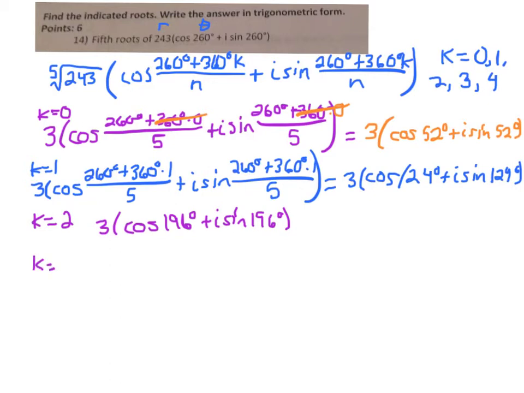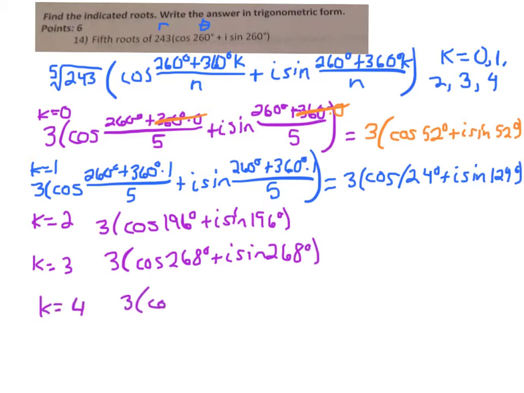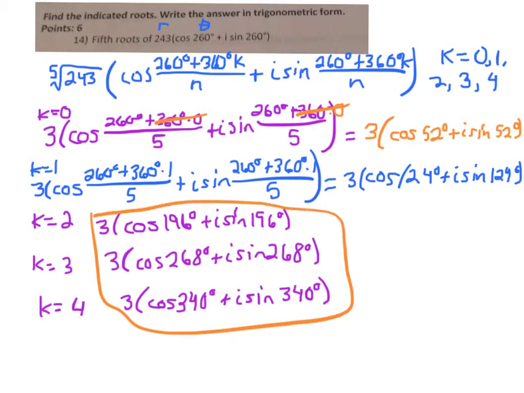For k equals 3, you'll get 3 cosine 268 plus i sine 268. And for k equals 4, you get 3 cosine 340 plus i sine 340. So there are your 5 roots of this number.